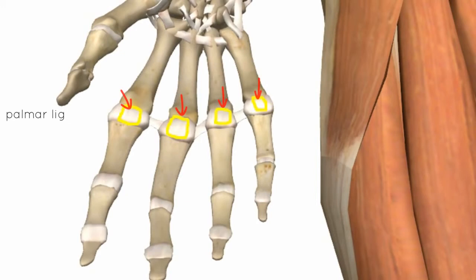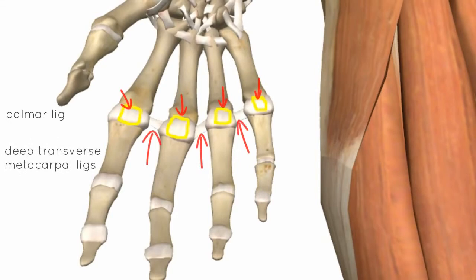And these palmar ligaments are connected by the deep transverse ligaments. You can see these ligaments connecting the palmar ligaments together. And you've got 3 deep transverse ligaments. It's important to note that there isn't actually one between metacarpal 2 and 1, because this would really restrict movement.